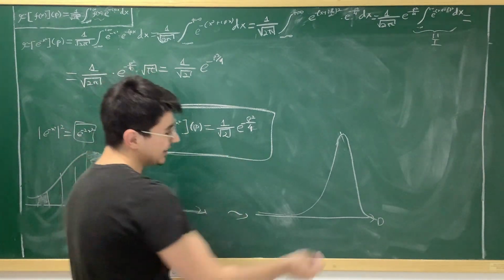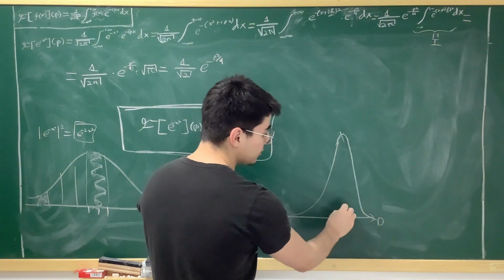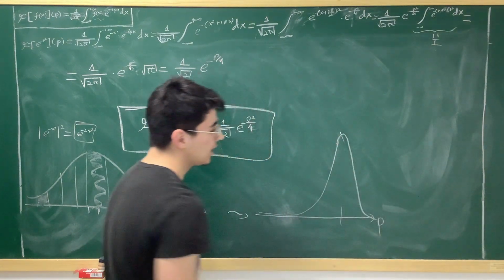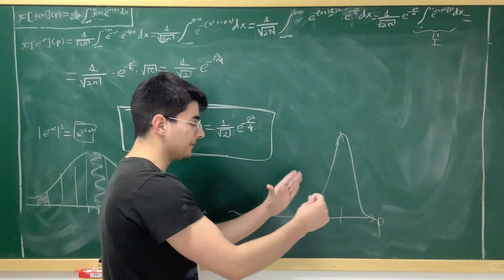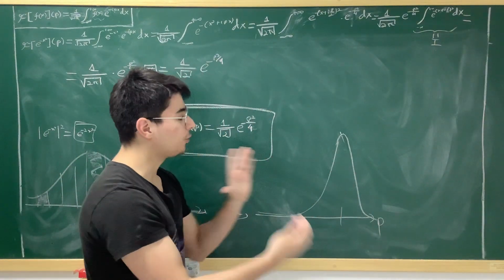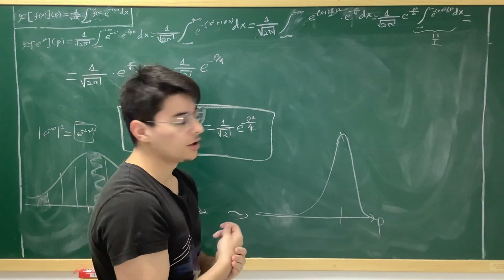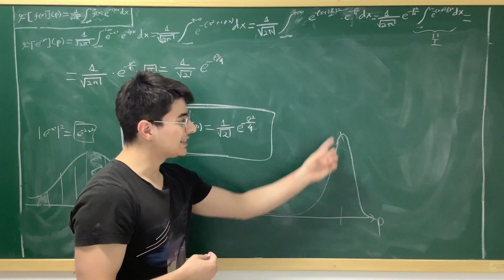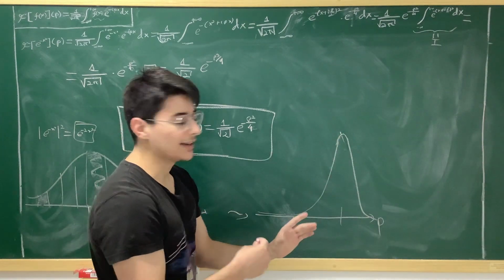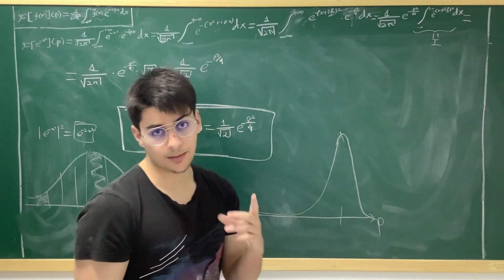This just means that the momentum, this is P, the momentum, is more localized. That is, the region where it's more probable to have a momentum is smaller. That is, it's more localized. It approaches a single value.